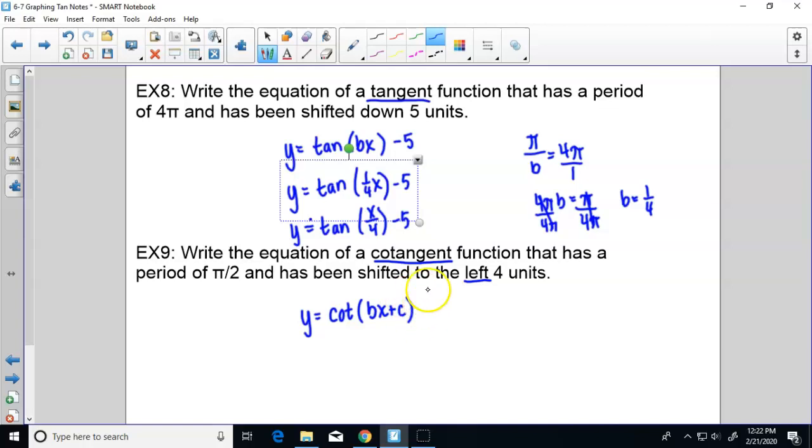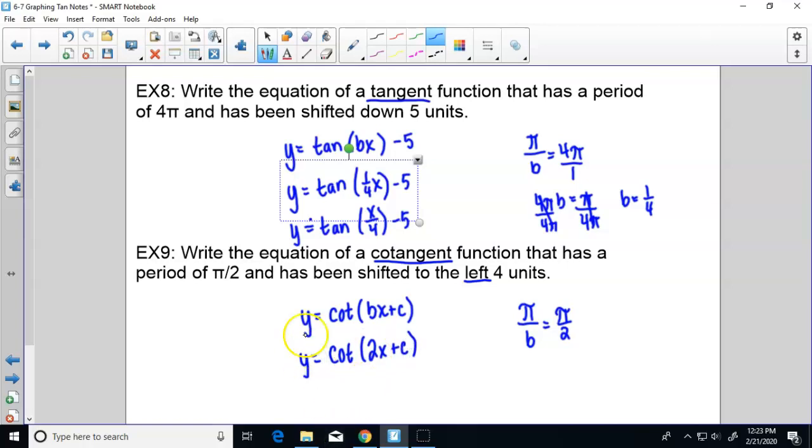We do not have any vertical shifts, so I don't need a number out here on the end. And so I know that cotangent has a period of pi, and so pi over b should give me the period, and that should be pi over 2. So I could cross multiply if I want, but it's pretty obvious here that b has to equal 2. So I know I've got cotangent of 2x plus c.